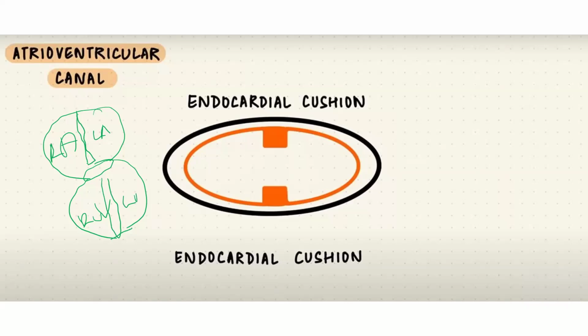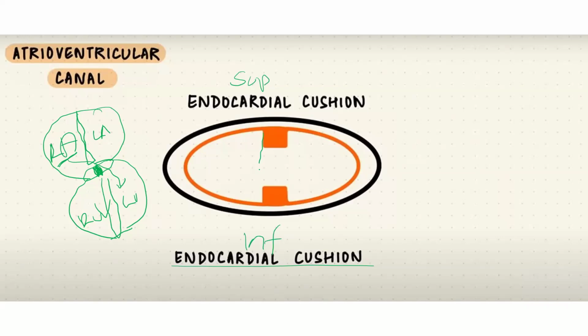So you also want partitioning to take place in that canal, so that contents of the right atrium don't go to the left ventricle. How does this occur? At the atrioventricular canal, you have proliferation of the mesenchyme surrounding that orifice, forming what are known as endocardial cushions, a superior and an inferior endocardial cushion.